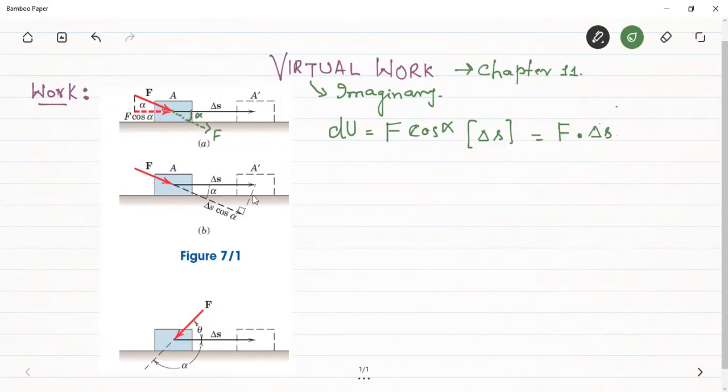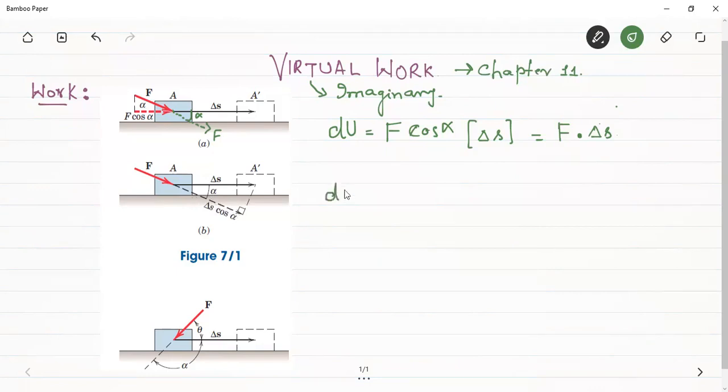Or in other terms, this is the line of action of the force F. What is the displacement along the line of action of the force? Delta S is the displacement of the body, but from this right angle triangle, the displacement along the line of action of the force is delta S cos alpha.